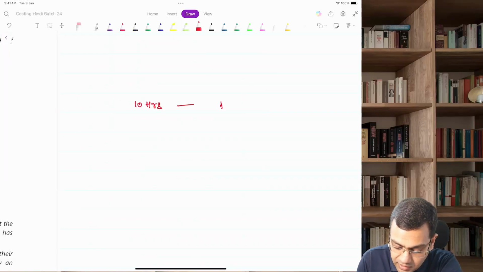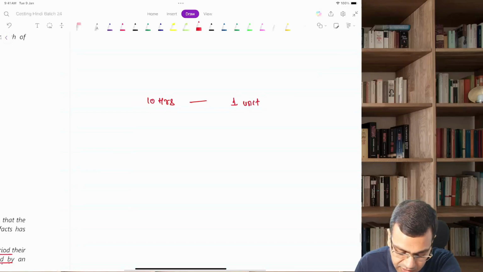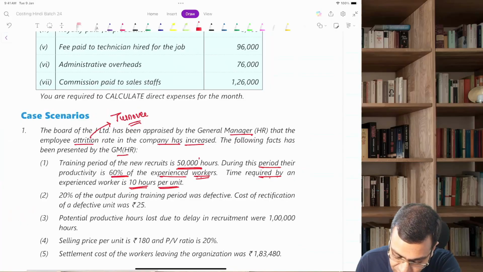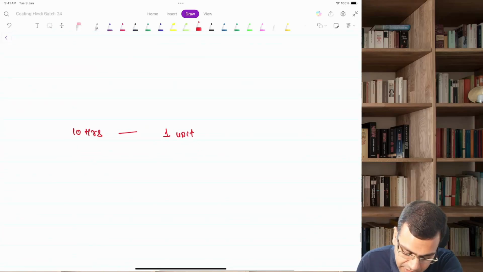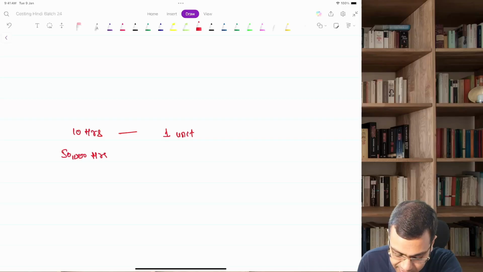For 1 unit, right? Now, in this 50,000 training hours, how many units would an experienced worker have produced? In that 50,000 hours, how many units would that experienced worker have produced? That is 5,000 units.